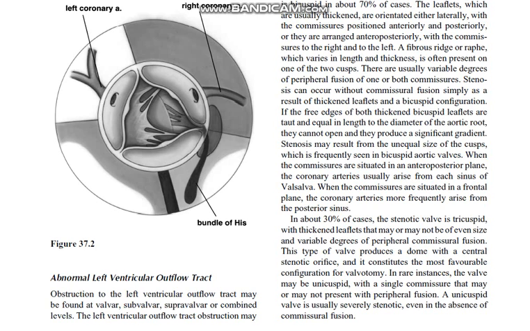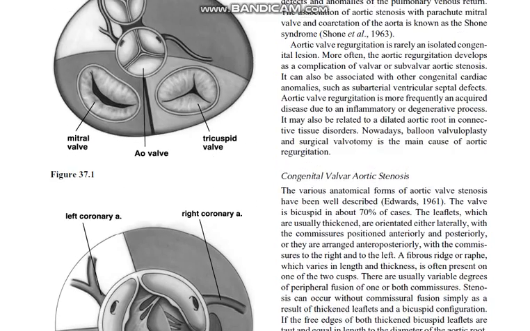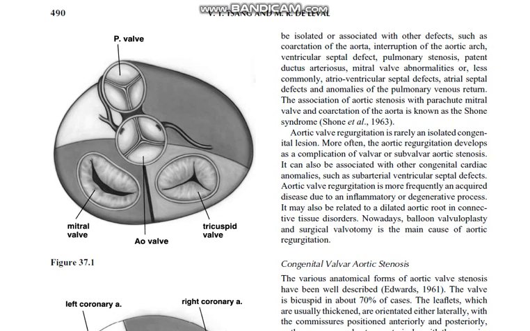The left ventricular outflow tract obstruction may be isolated or associated with other defects such as coarctation of the aorta, interruption of the aortic arch, ventricular septal defect, pulmonary stenosis, patent ductus arteriosus, mitral valve abnormalities, or less commonly atrioventricular septal defects, atrial septal defects, and anomalies of the pulmonary venous return.